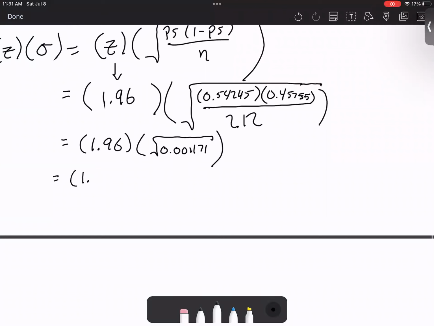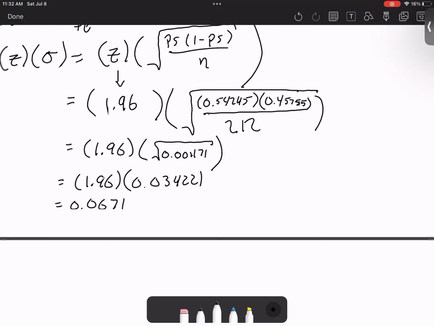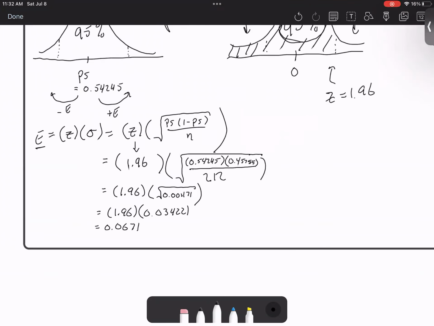When you take the square root of that, you get 0.03422. And when you perform this multiplication, you get 0.0671. So this is our margin of error.